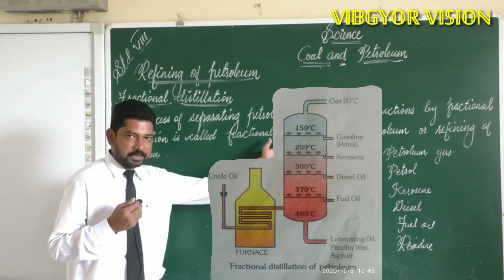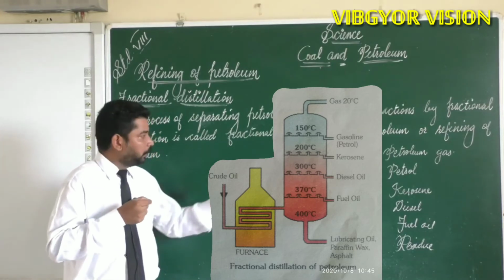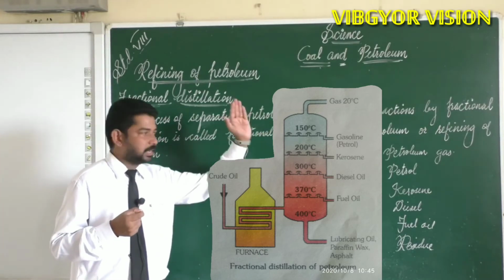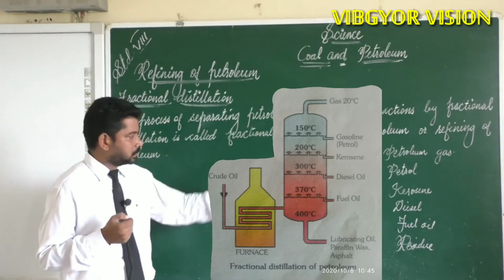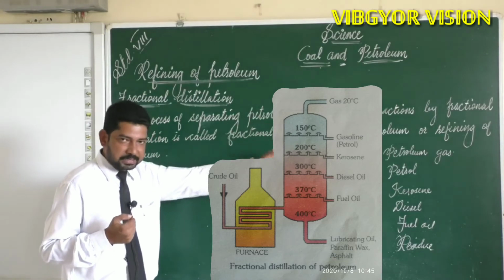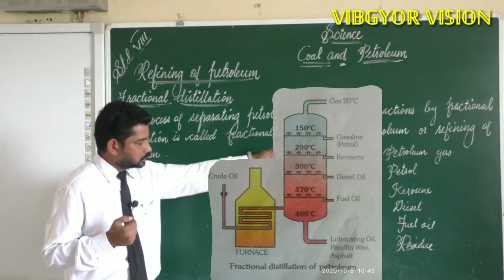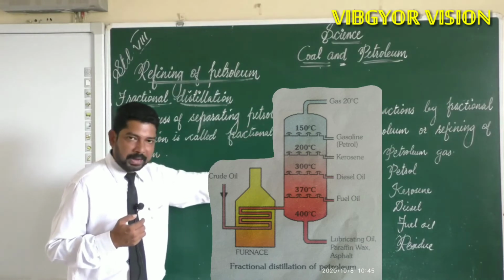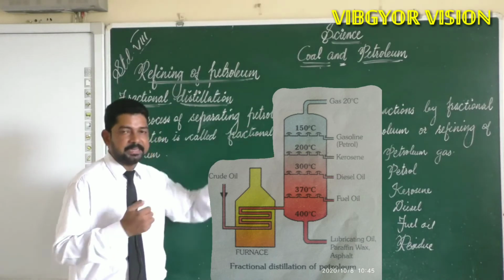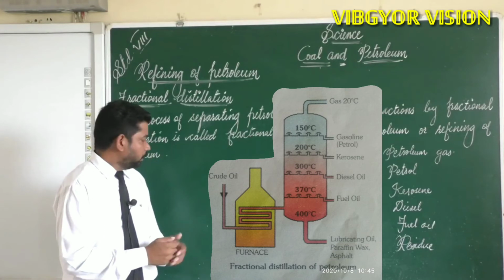Components having a lower boiling point go to the top layer of the fractionating tower. That means topmost comes petroleum gas, and next the component with the next boiling point, like that. According to the boiling point, they are deposited or collected in the different layers in the fractionating tower.